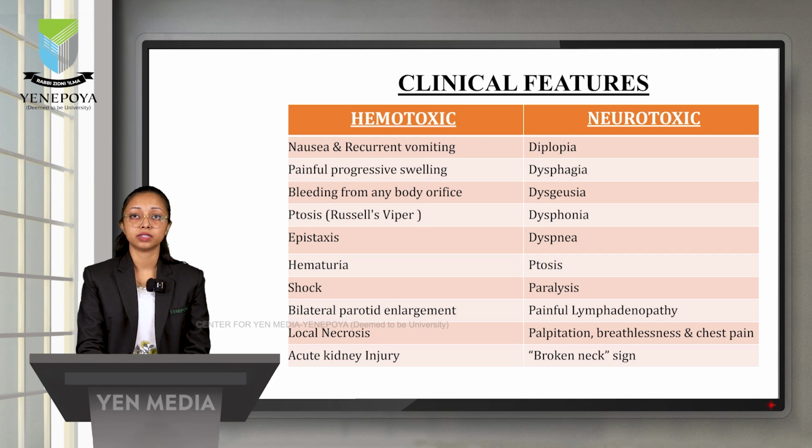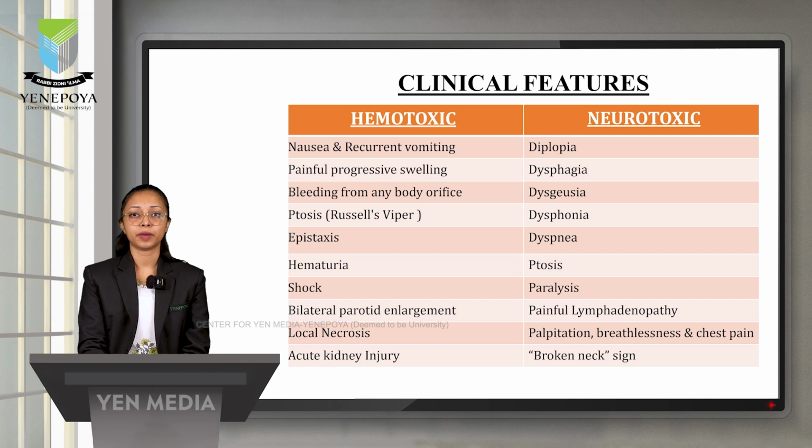On the other hand, due to neurotoxic snake bite, 5Ds and 2Ps are main. 5Ds are diplopia or double vision, dysphagia or difficulty of swallowing, dysgeusia or altered taste, dysphonia or disorder of the voice, dyspnea or shortness of breath. And the 2Ps are ptosis and paralysis.